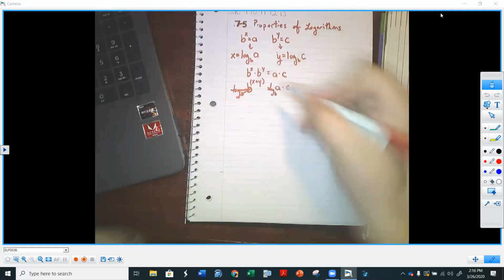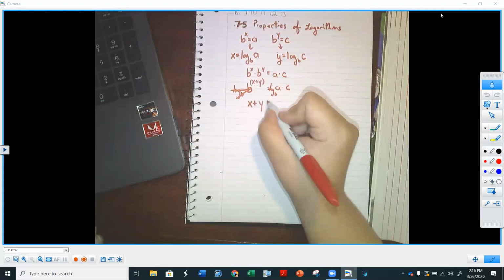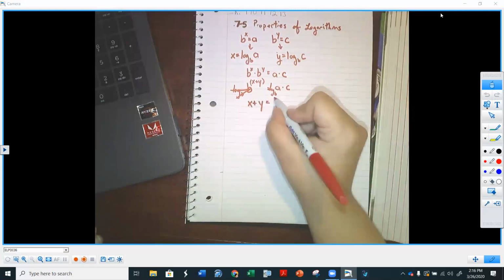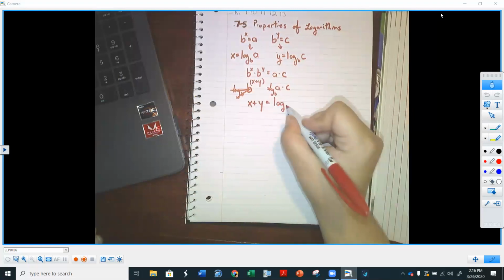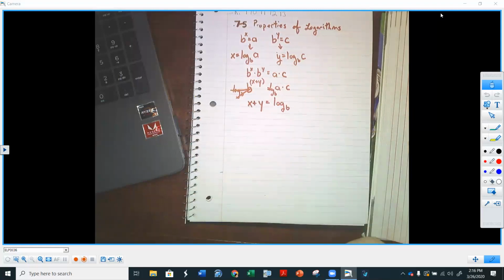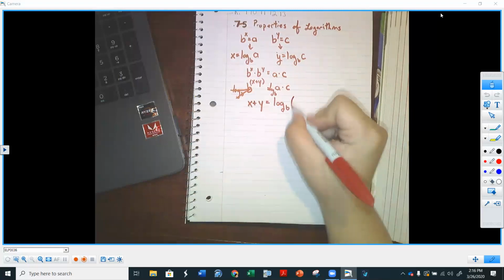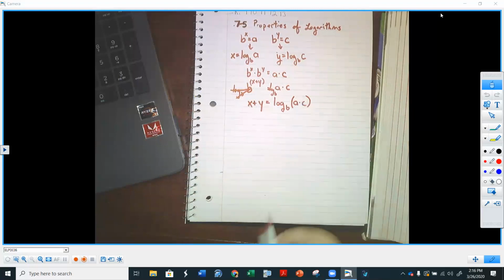So what I ended up with is x plus y equals log base b of ac. Okay, I can write a times c here. It doesn't matter if I write the multiplication or not. I don't have to write that dot for multiplication.